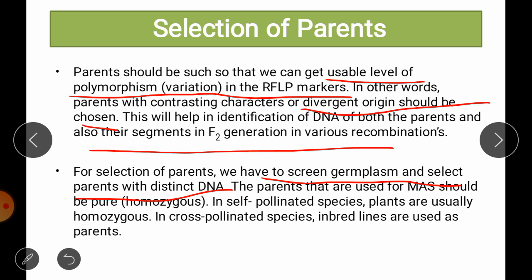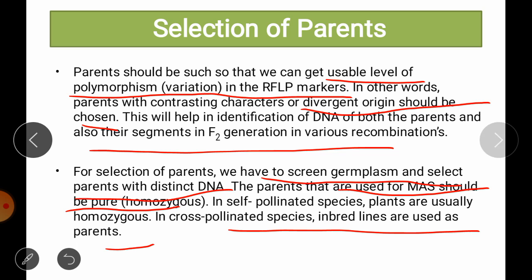Okay, so the parents we are using for marker assisted selection should be homozygous. They are pure lines, or maybe 100% homozygous. So in case of cross pollinated crops, inbred lines are generally used here as parents for marker assisted selection.